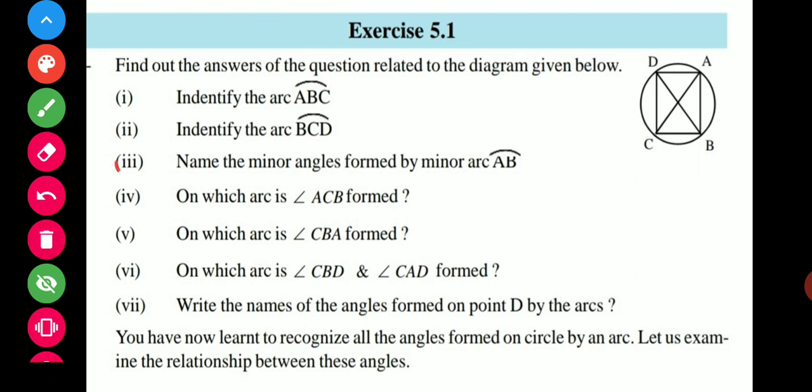Now come to the third. Third is name the minor angle formed by minor arc AB. Minor arc AB is this angle. This is the minor arc.